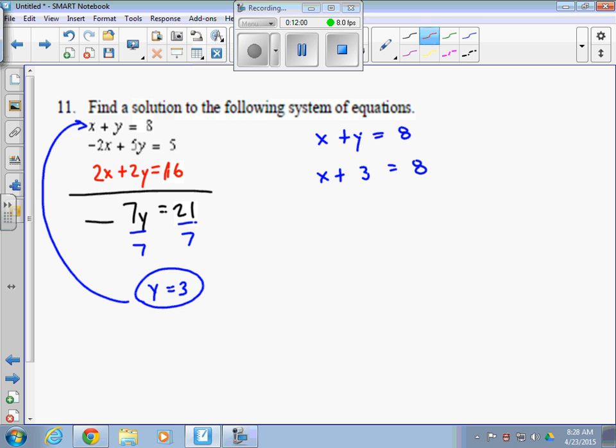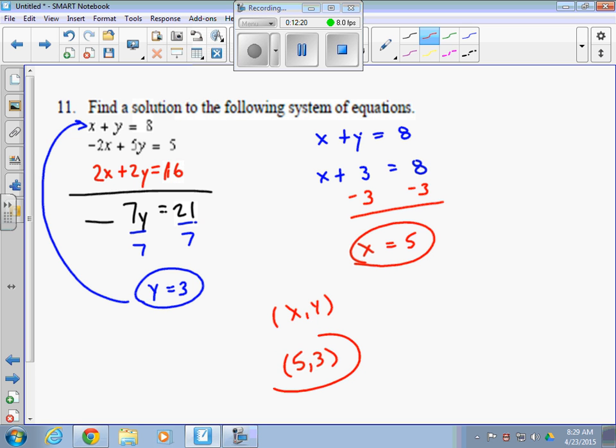So get x by itself by subtracting 3 on both sides, and x's value is equal to 5. You have an x and a y value. Remember, a solution to a system is the point where they both cross, x comma y, or 5 comma 3. This is your solution to your system.